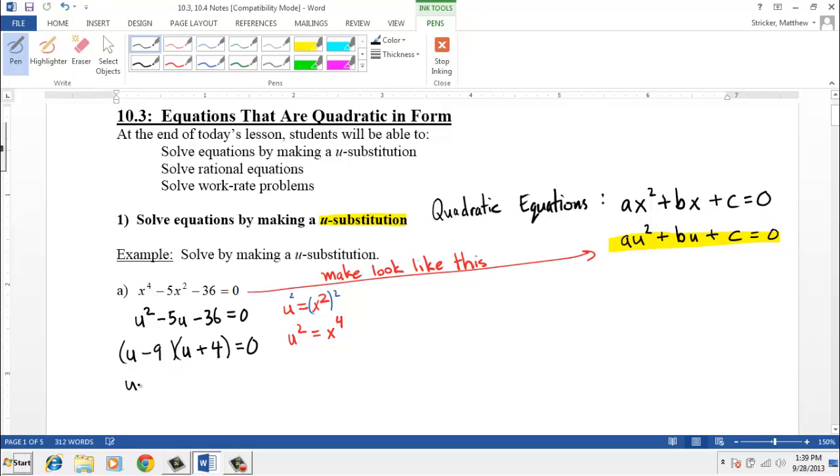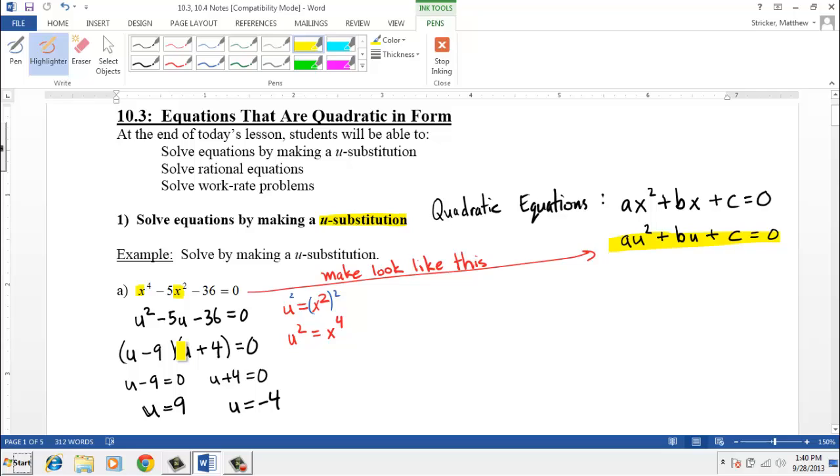In which case U minus 9 equals 0 and U plus 4 equals 0, which means U equals 9 and U equals negative 4. Now, is that what we were trying to solve for? Were we trying to figure out what U is, or were we trying to figure out what x is? Our original equation was in terms of x, so we actually still need to figure out what x is.